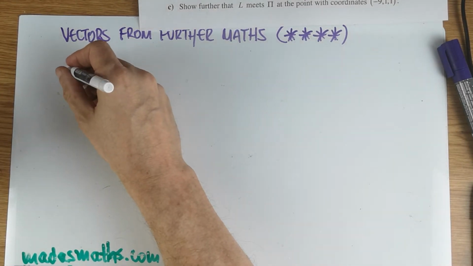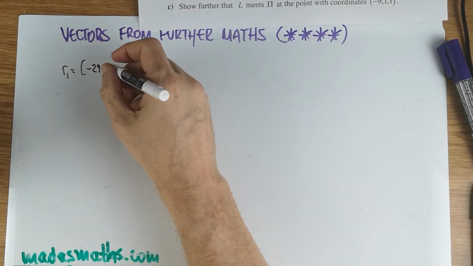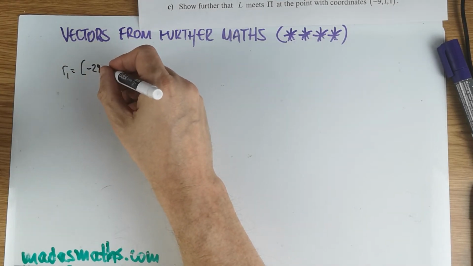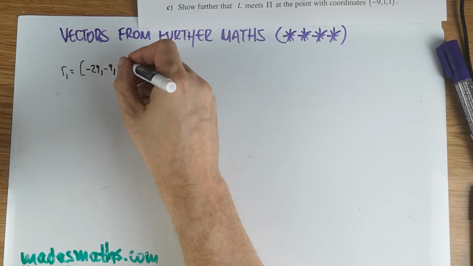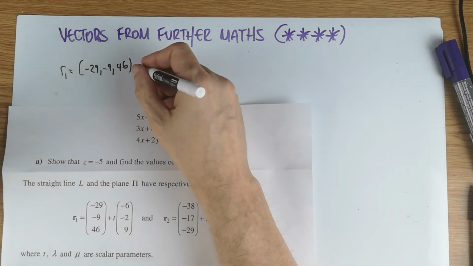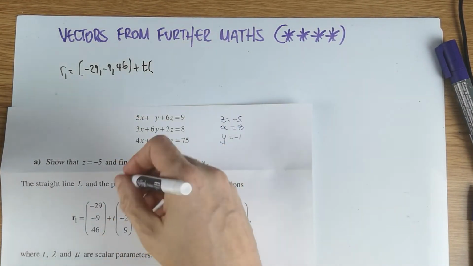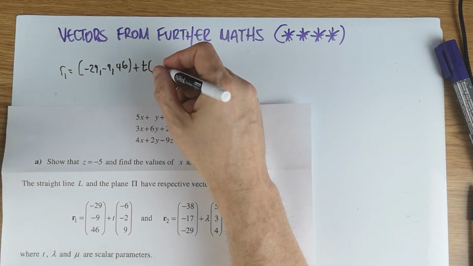Let's record the line. r1 is (-2, 9, -6), (-6, -2, 9). Again, I apologize, I'm writing in rows as opposed to downwards in columns.